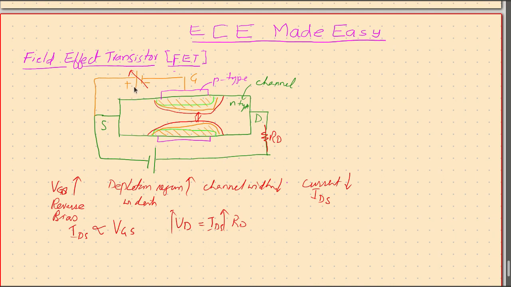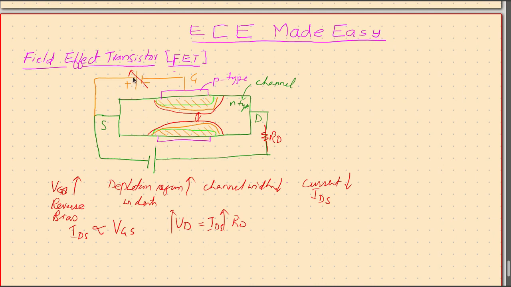So voltage change in input produces voltage change in output, and this voltage change required is very small to make sufficient change in the depletion layer size, and that in turn is going to change the IDS sufficiently large.